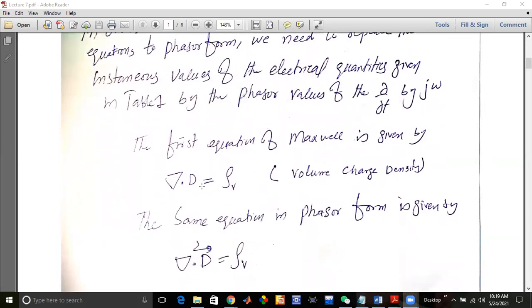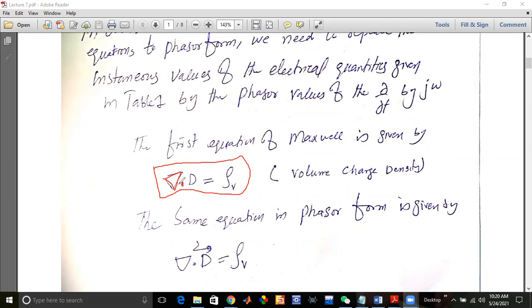For example, the first equation of Maxwell is given by this equation, and you can state that this operator is the gradient, and this is dot.